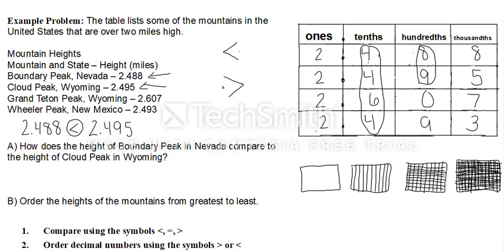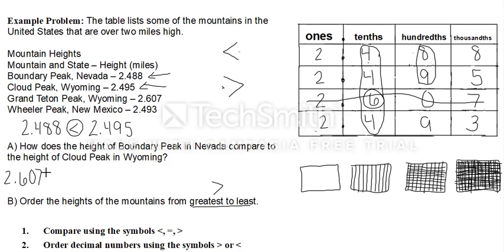Ordering the numbers from greatest to least, I know that I'm going greater than. So going from greatest to least in the tenths place, I see that this number here is greater. I have 6 of these tenths versus 4 of the tenths. So I know then that that number is going to be written first. So I know that 2 and 607 thousandths is written first. I cross that out because I have already used that one.